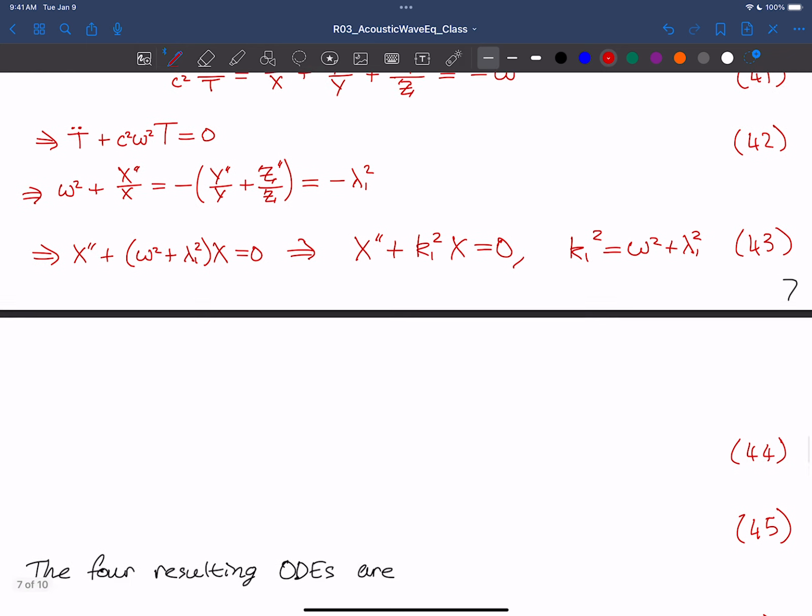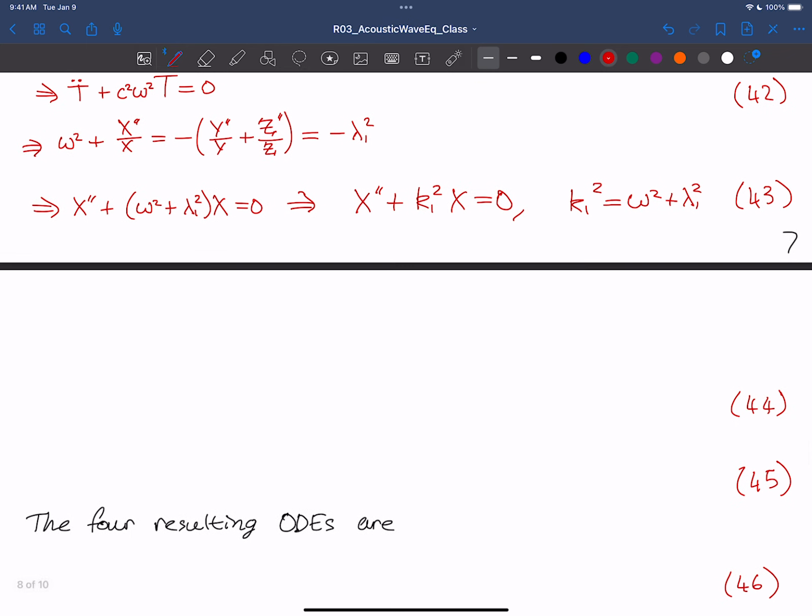Okay, so now let's deal with the right-hand side of this equation. We get that minus Y double prime over Y minus big Z double prime over big Z is equal to minus lambda 1 squared.